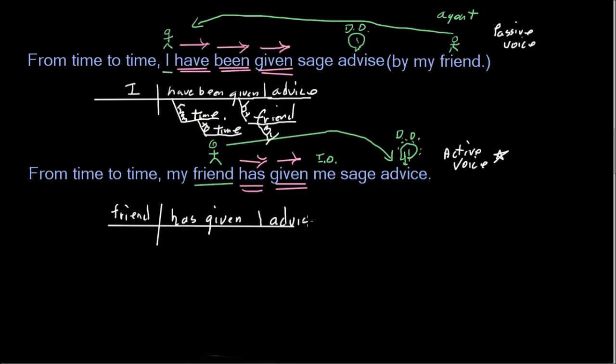The verb has given, simpler by one word. And there's no be verb there. Again, advice is the direct object. The advice was given to me.